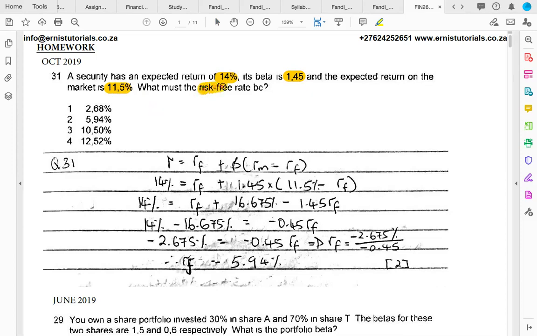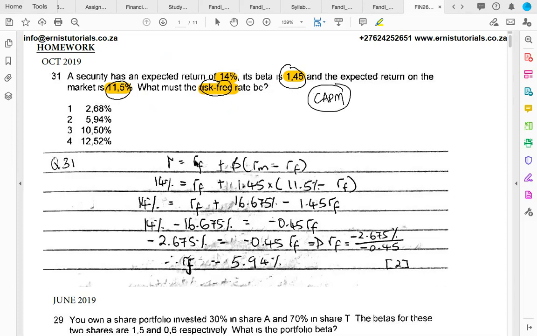And then we are asked to determine what the risk-free rate is. So the moment you see items like beta, the return on the market, and the risk-free rate, you should think of the capital asset pricing model.